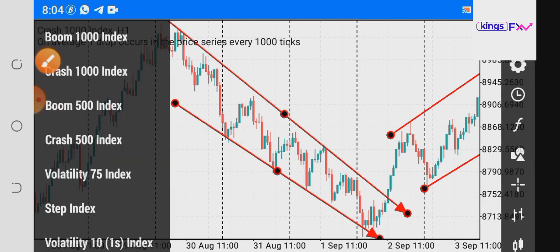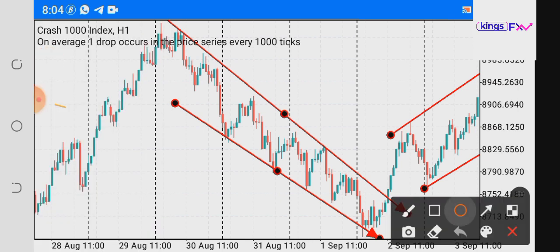Just pay attention to this. Okay, now you discovered a low high movement, right, which is a downtrend, and you connect your lines.